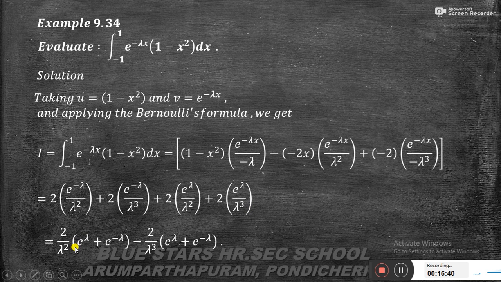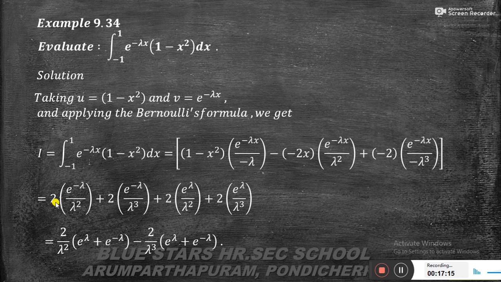So in the next step you see here the denominator, so 2 times of e power minus lambda, I take the common factor 2 by lambda square from the first and third term. So I write it 2 by lambda square into e power lambda plus e power minus lambda, and here one minus sign will come, both the signs are minus, so I write it minus 2 by lambda cube into e power lambda plus e power minus lambda.